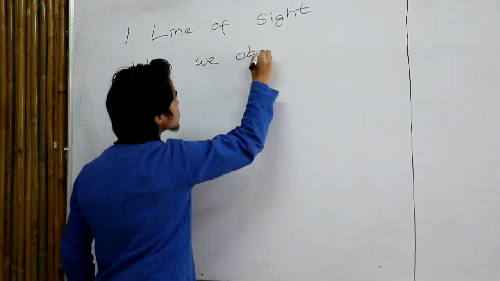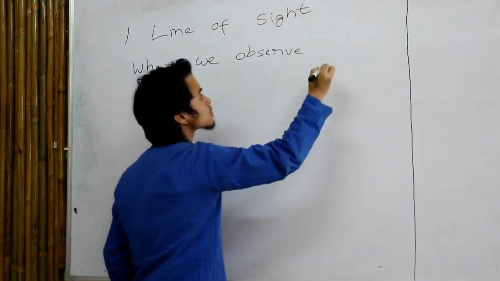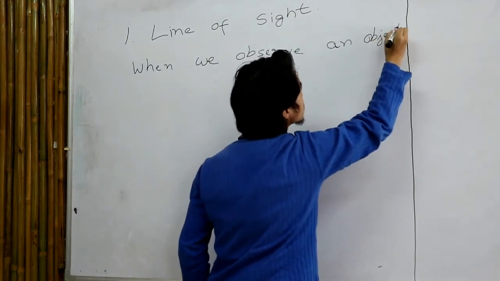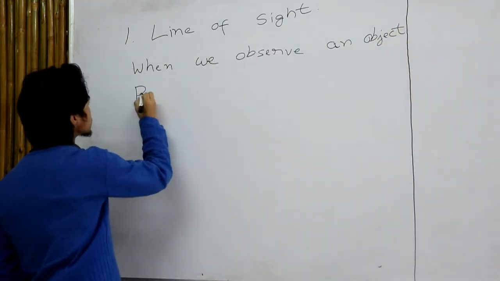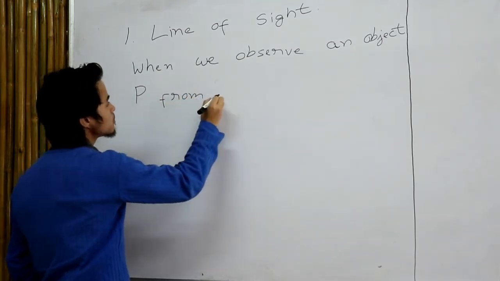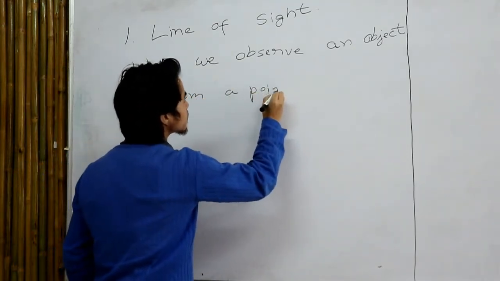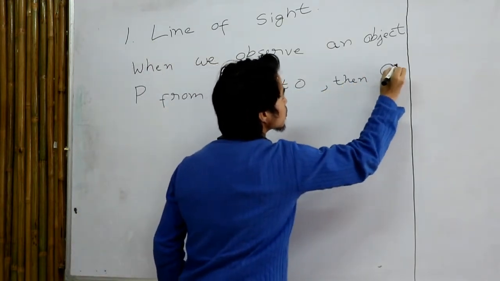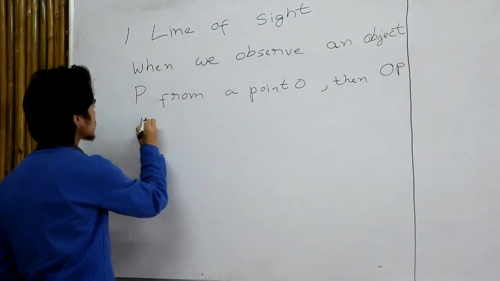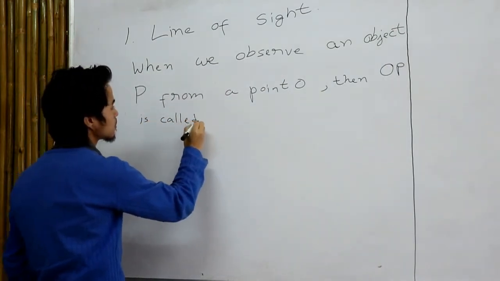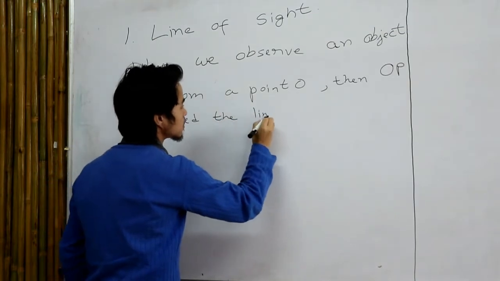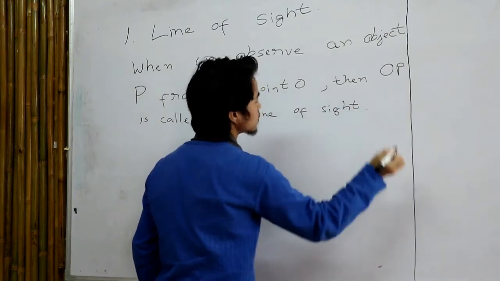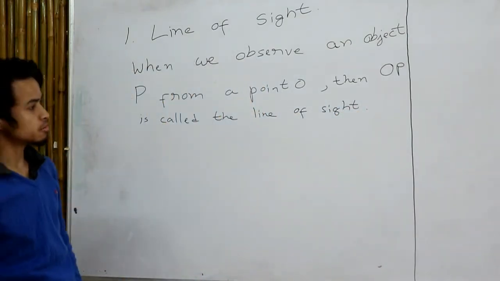When we observe an object P from a point O, then OP is called the line of sight. So let me explain to you the meaning of this term.